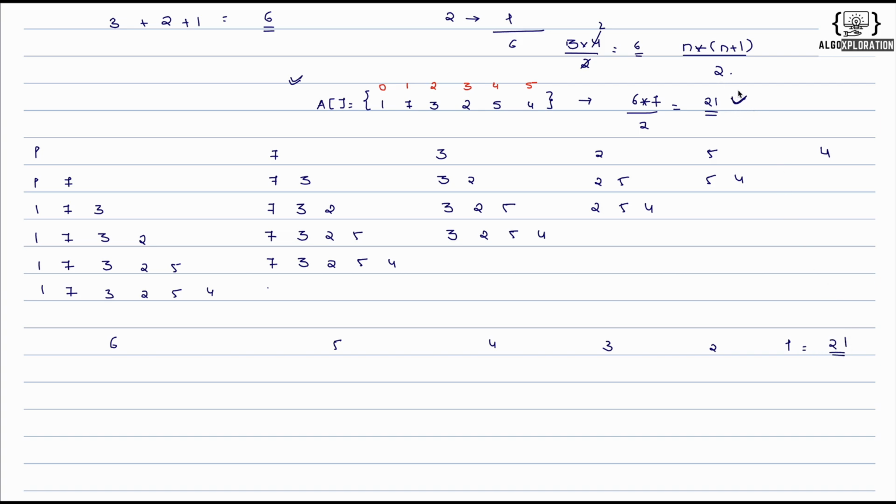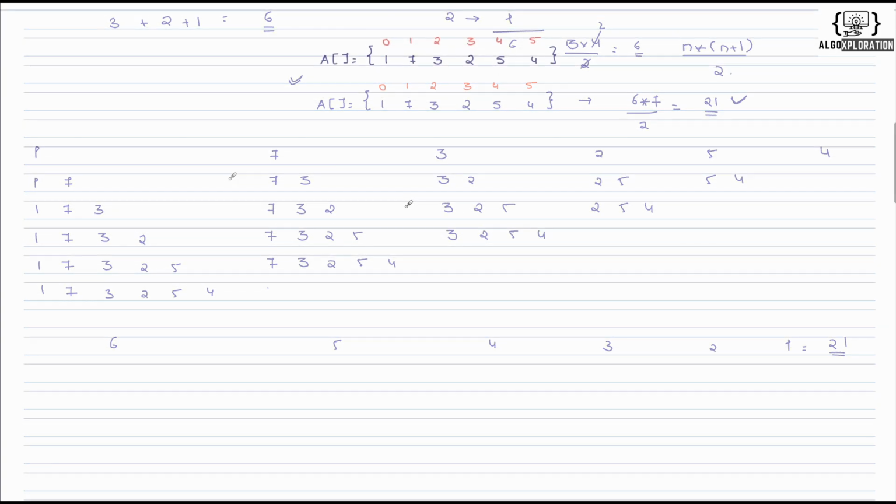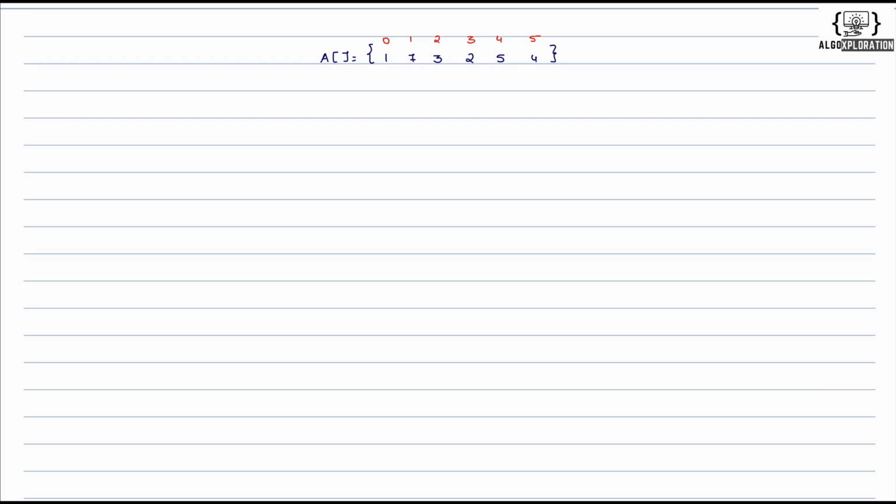So if someone asks you to find the total number of subarrays when the array length is n, then the formula is n into n plus 1 by 2. Now let's see how we can print all these subarrays. What we will be doing is having two variables, s and e, that is start and end. Now let's say the end is here. So what we will be doing is iterating from s to e.